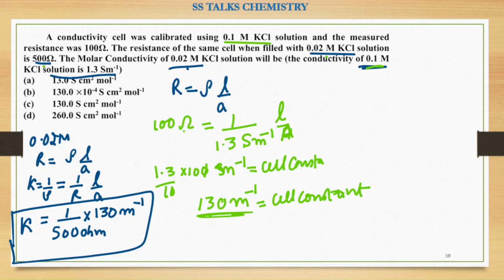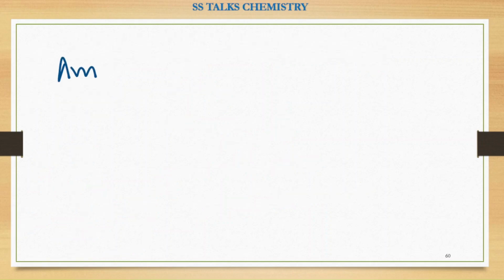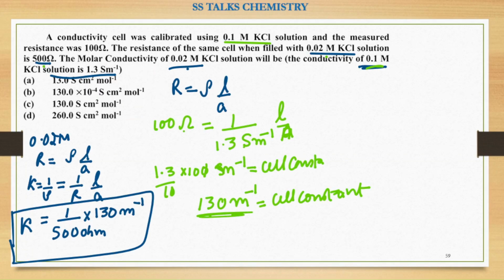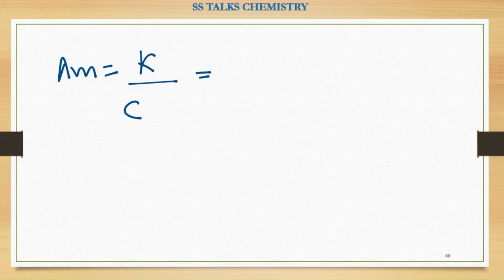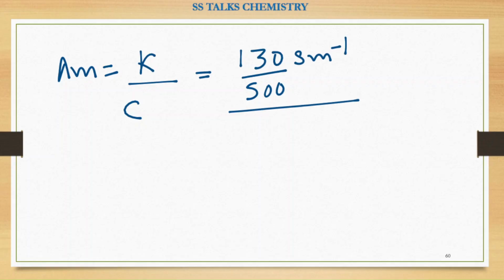Molar conductivity is kappa upon the concentration. Kappa we found as 130 upon 500, in Siemens per meter, and the concentration is 0.02 mole per liter. So convert this liter into meter cube and find the molar conductivity.